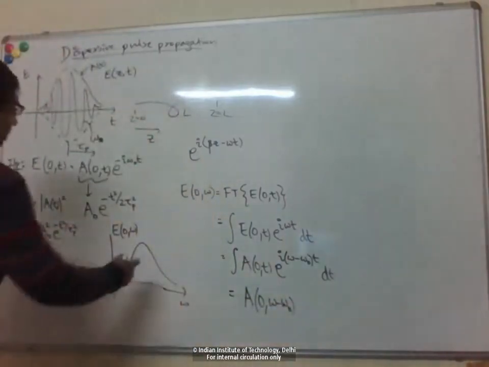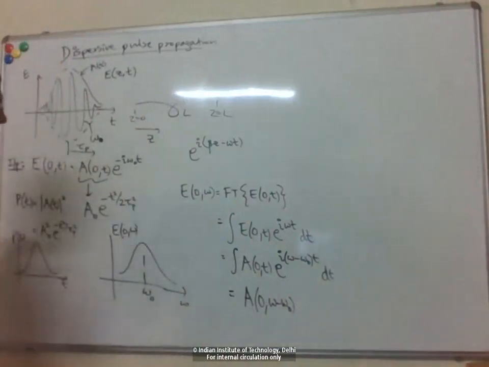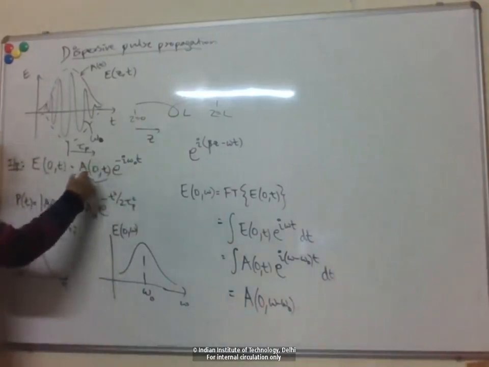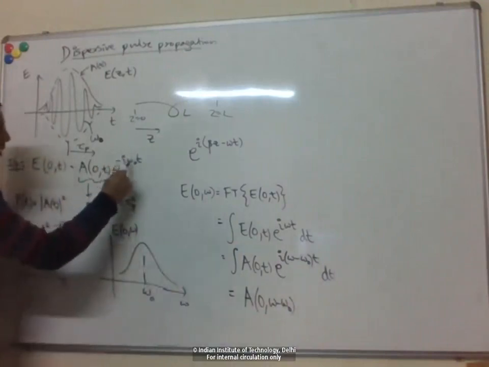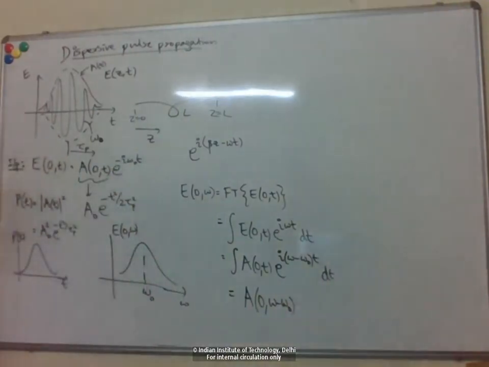This is just rewriting the basic Fourier transform rule: if you multiply a function by a carrier frequency, you shift the spectrum to that frequency.